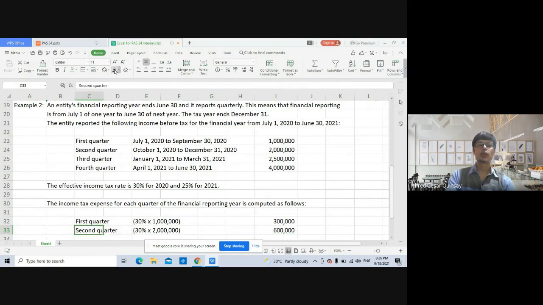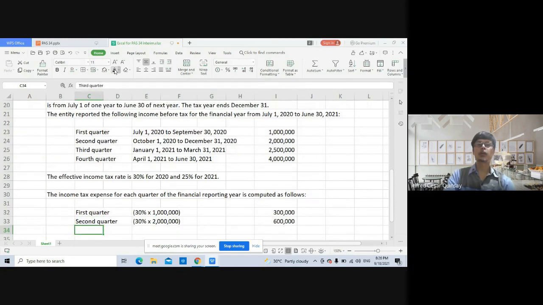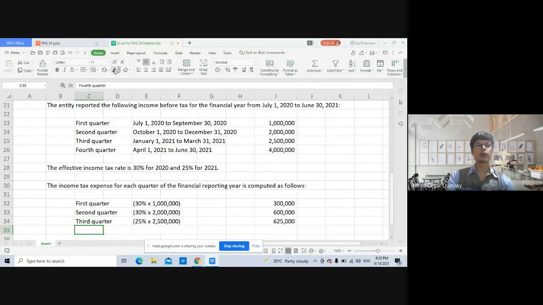is 600,000. Then for the third quarter, now we're using 25%, multiplied by 2.5 million, so this is 625,000. Finally, for the fourth quarter, we're also using 25% because that's already 2021 under the CREATE law.